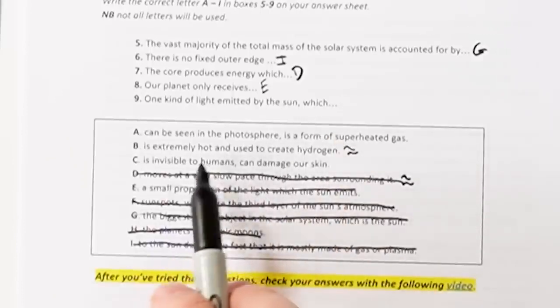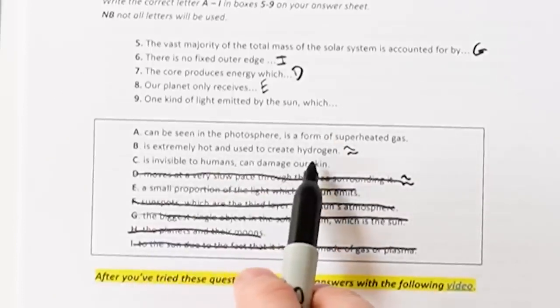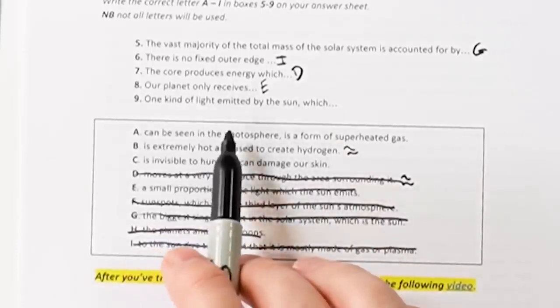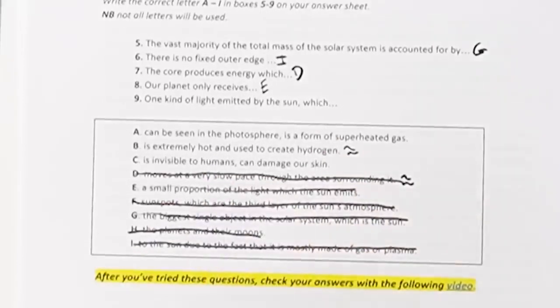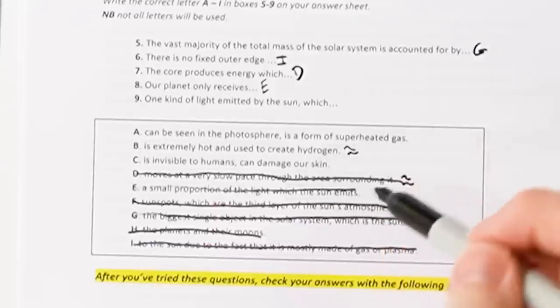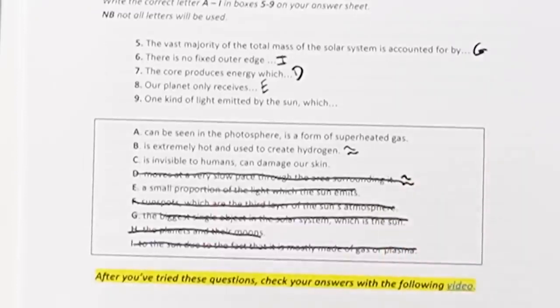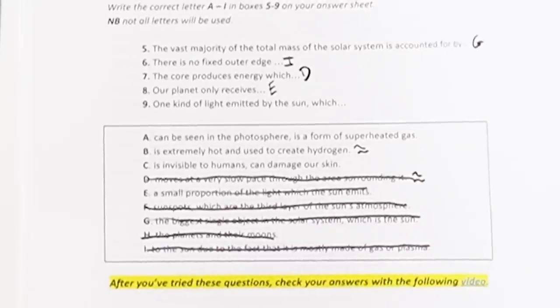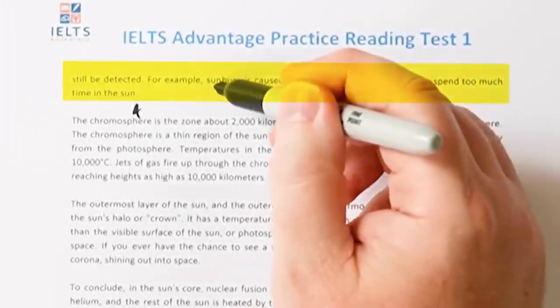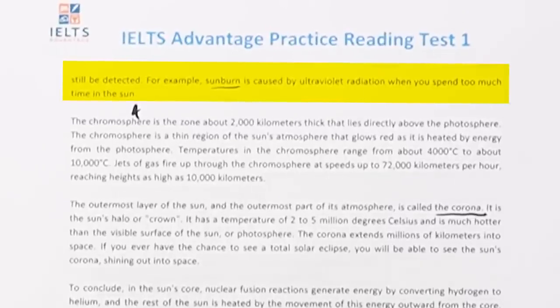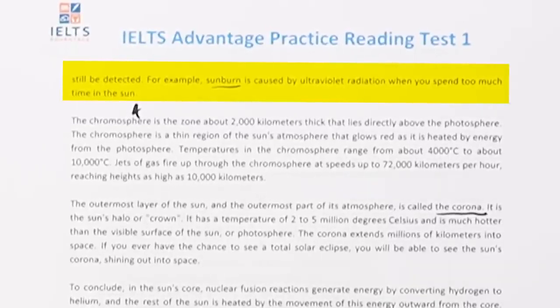One kind of light emitted by the sun, which is extremely hot and is used to create hydrogen. One kind of light emitted by the sun, which is invisible to humans, can damage our skin. So what we're going to look for here is related to C. This is the one that makes the most sense. So we're going to search for skin damage. We're scanning for skin damage, and we have here sunburn. Skin damage, sunburn, synonyms, mean the same thing.